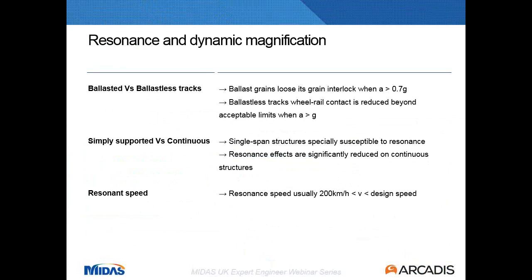And they introduced as well the concept of resonance speed, and the resonance speed is the speed of the train that makes your bridge go to resonance. And this speed doesn't necessarily have to be the high speed that your train can run over your bridge. It can be any speed between, let's say, 200 kilometers per hour and the design speed of the line.